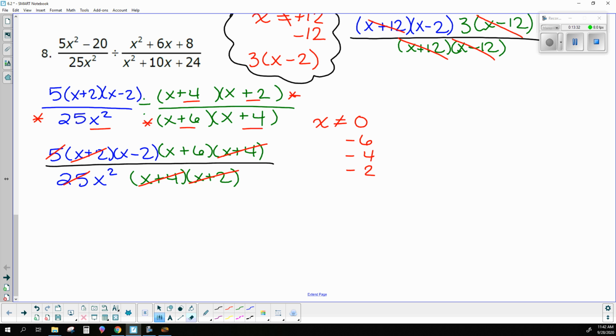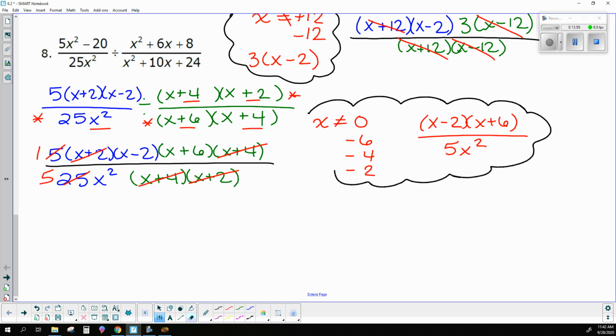And 5 and 25 reduce to a 1 and a 5. And so when we put it all back together, we will have x minus 2 and x plus 6 in the numerator, and 5x squared in the denominator. That becomes our final answer. And that is how you multiply and divide rational expressions.